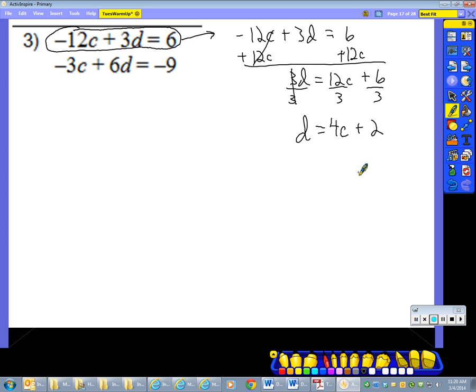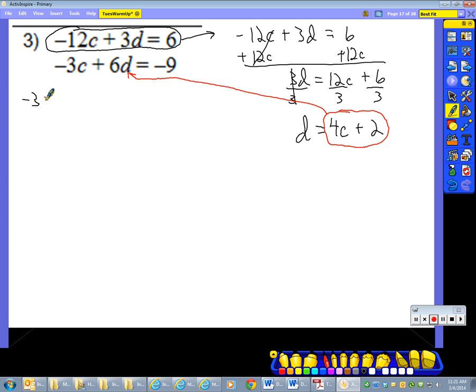And so now that I know that d equals this, what I can do is I can sub it in for d. So all of this is what d equals. So I'm going to take that and I'm going to sub it in for d, and I'm going to see what c equals. Alright, so let me write that, and I'll color code it so that what I'm subbing in is in red, so you can see what it would look like.